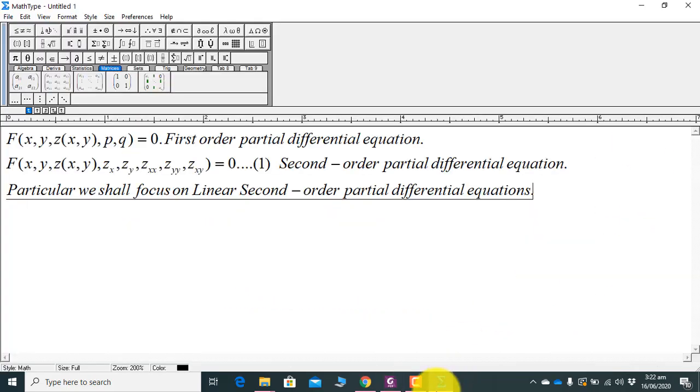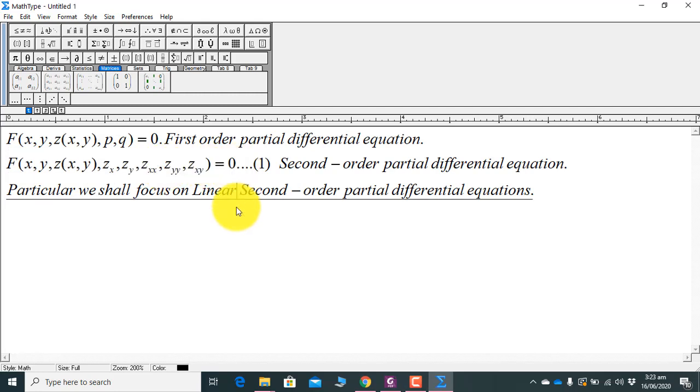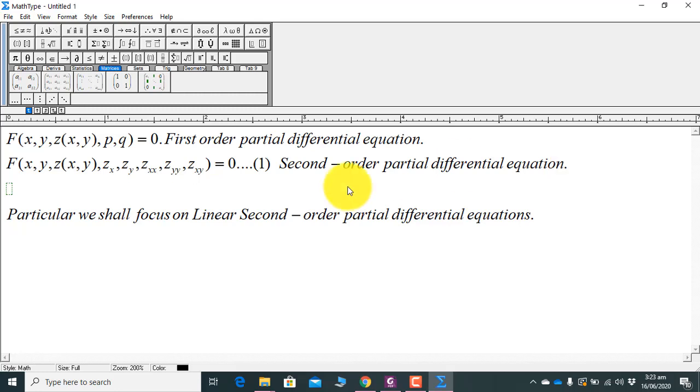Generally, I have already told you earlier that any relation between zx, zy and their second order derivatives equal to 0 will be regarded as a second order partial differential equation. But to handle the general form of second order equations is not so easy. Even to solve the general form of linear second order partial differential equations is also not so easy.